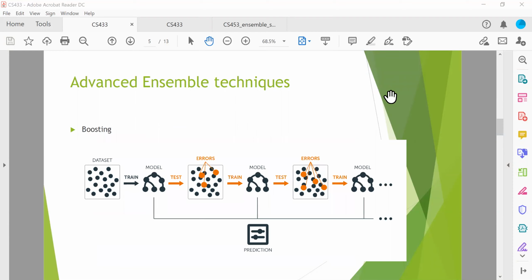So this is bagging, and the second major approach is called boosting. For boosting, the general idea, as shown over here, is you have the original data set and then you do the training with what we call a weak learner. Of course you have some errors, like the orange dots here.